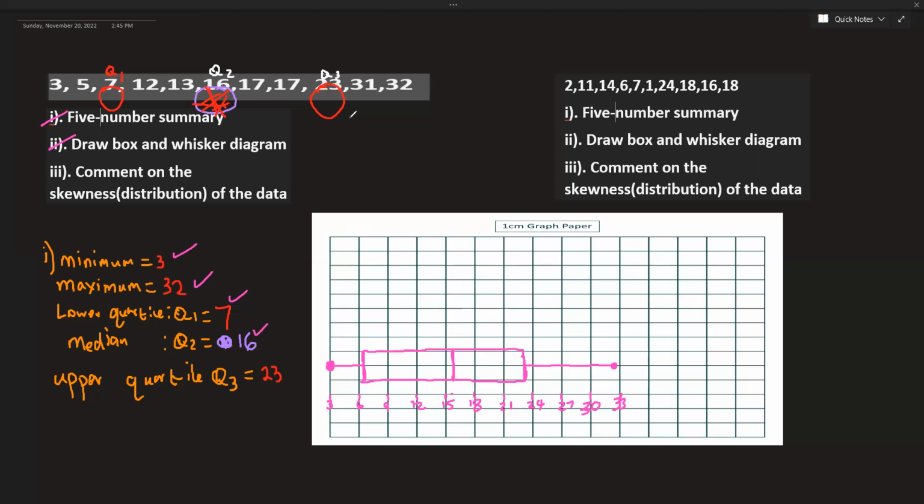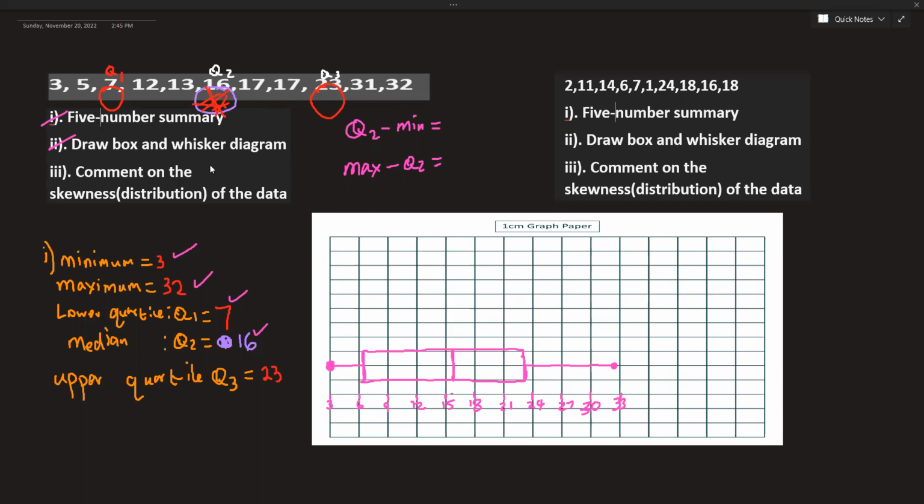The skewness we comment on, we find it by doing this. Q2 minus the smallest must give you the answer there, and then you can say max minus Q2. You get the two answers. Sharp. Let's do that on a calculator quickly. For skewness, you're always going to do this. I'll explain why now.